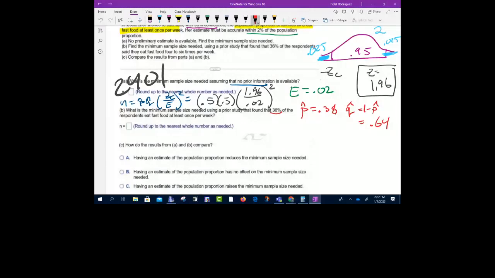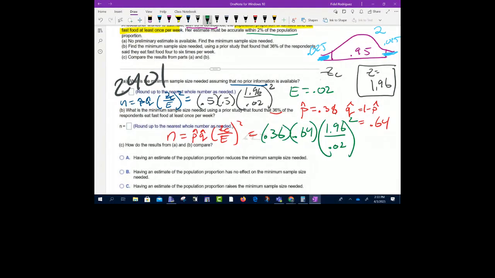So look, y'all, I'm going to do the same thing. I'm going to write down my formula again. P hat, Q hat, ZC over the error, squared. We're now using our P hat as 0.36, our Q hat as 0.64. I got a 1.96 here, y'all, with a 0.02, and that's being squared.